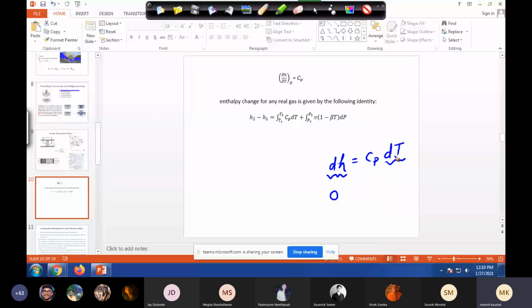So would you like to comment where is the catch in this expression? What is wrong with it? There's nothing wrong, but how can you justify, or convince, or explain to the person who raised this doubt? Any thought? So maybe the enthalpy at the beginning and the end has no change, but in between it can change.